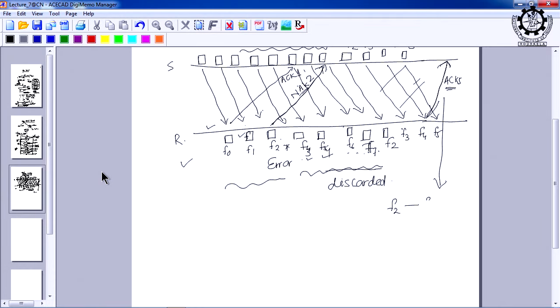So, all the transmissions from F2 till F4 were successful. That is the reason I did not receive any NAK in between, and if I am getting an ACK for the next one, it means all the previous frames have been received successfully and processed.